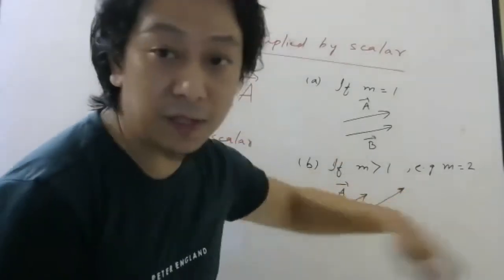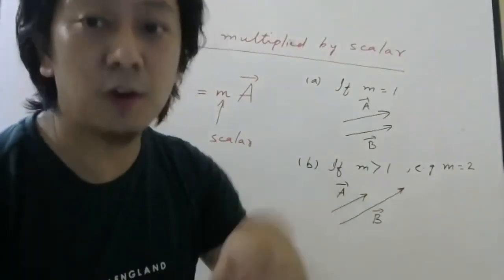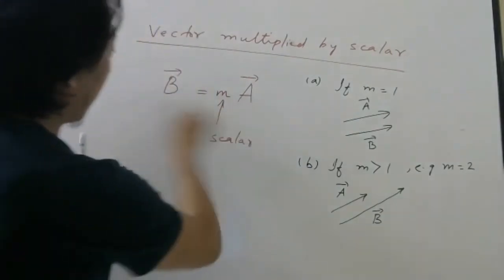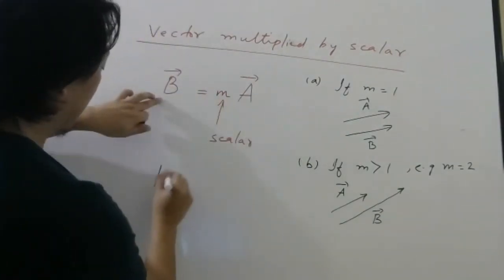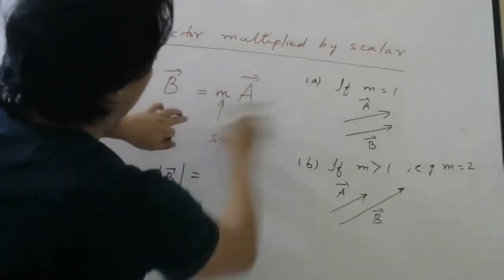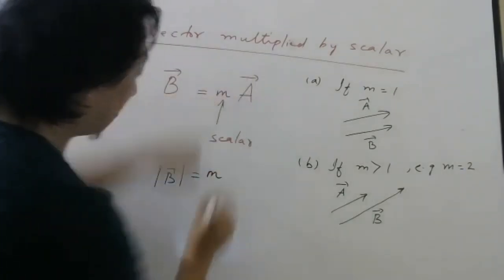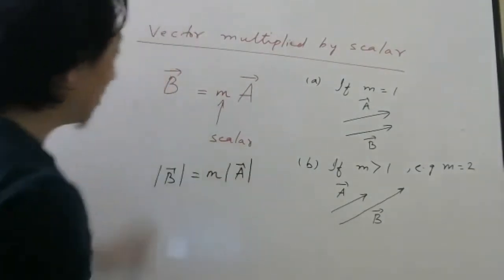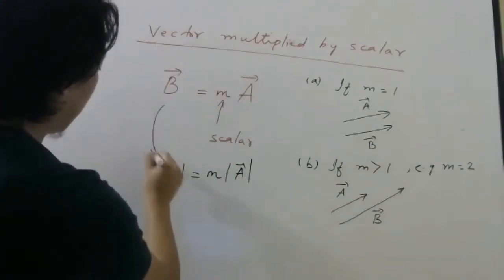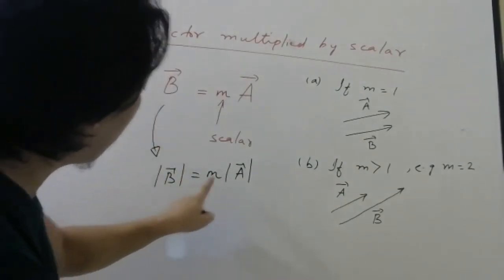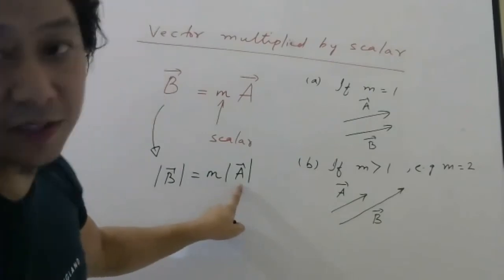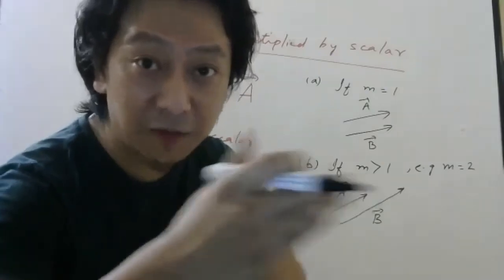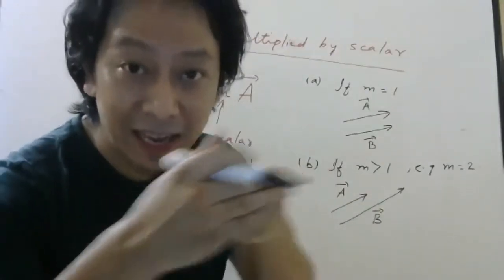But if you multiply with a number 2 or 3 or 1.5 or 1.2, greater than 1, then if you take magnitude both sides, the magnitude of B bar will be M times the magnitude of A bar, because the magnitude of a number is the number itself. Magnitude again means the length of the vector.